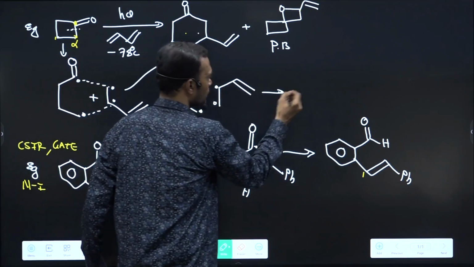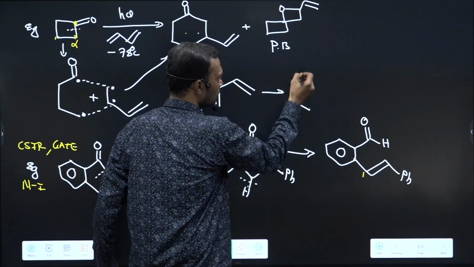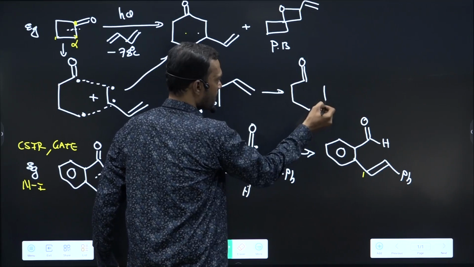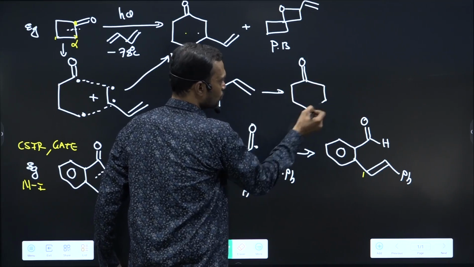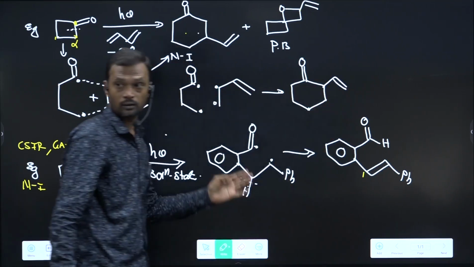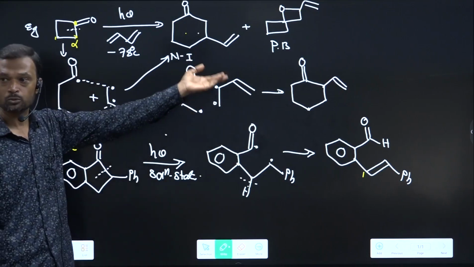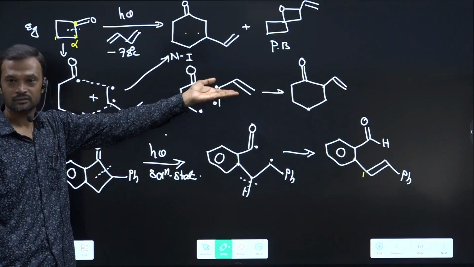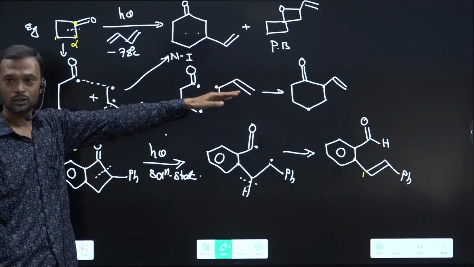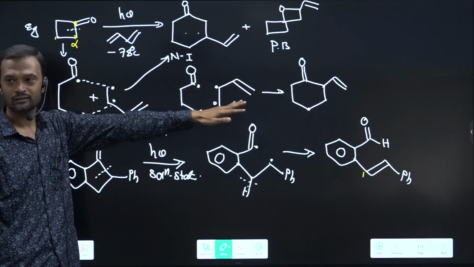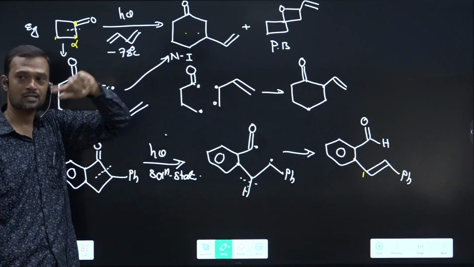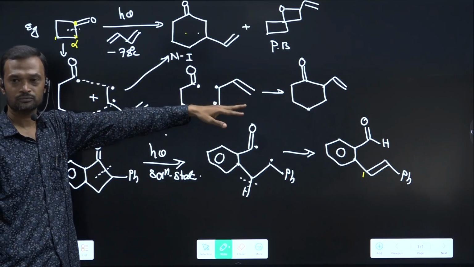If these two combine together, so this you are asking. Are you listening to the Paterno-Buchi reaction from last class? If you were absent, you don't have any right to ask. If you were present, you can. Paterno-Buchi multiple applications were explained. See the last reaction in the Paterno-Buchi reaction.